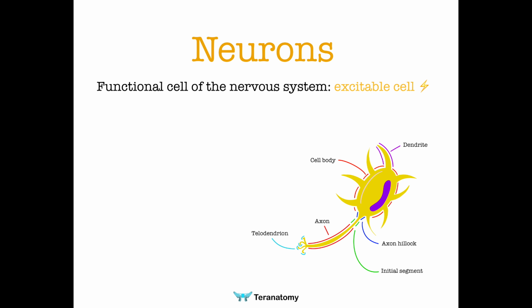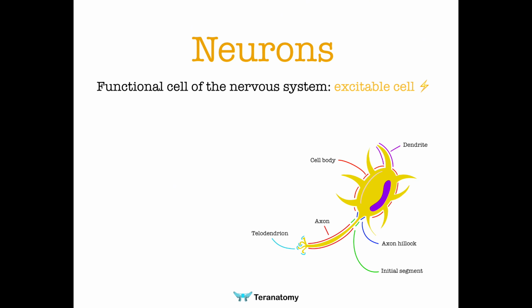Next, we find the cell body, or soma, which contains most of the cytoplasm and the nucleus. This is where the dendrites emerge from, and it is also where the axon begins. The axon starts at the axon hillock and continues through the axon initial segment, which is the region where action potentials are generated.